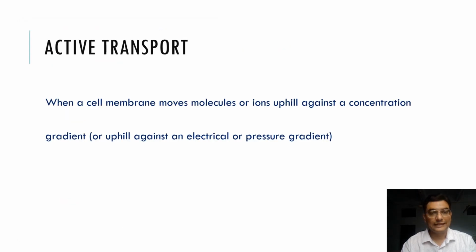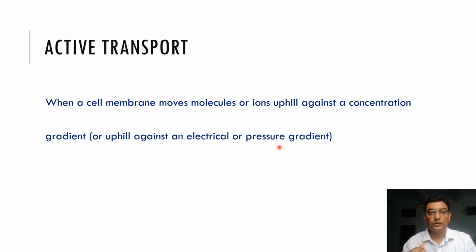So what is active transport? When a cell membrane moves molecules or ions uphill against a concentration gradient, or uphill against an electrical or pressure gradient. So the movement of the molecule or ion is uphill against the concentration, and it requires energy.